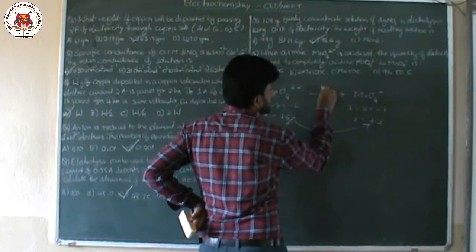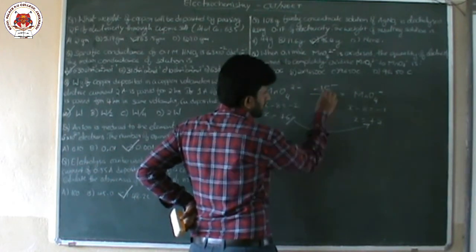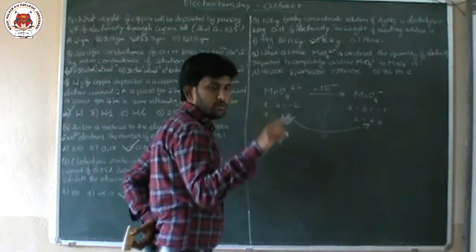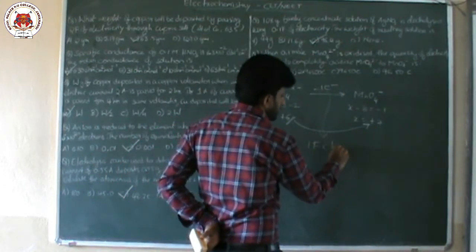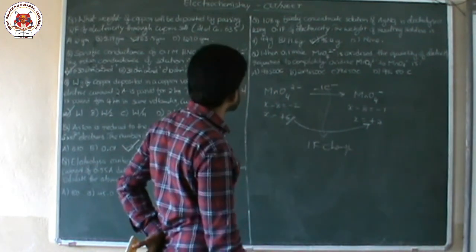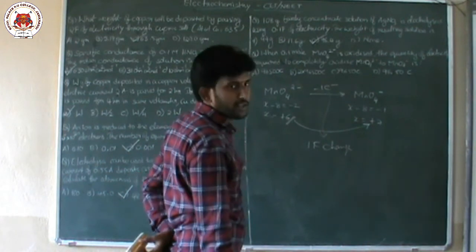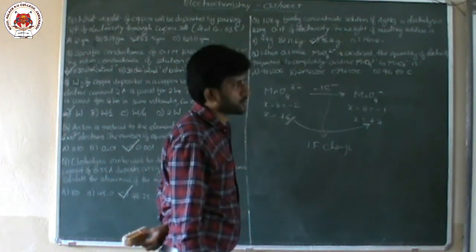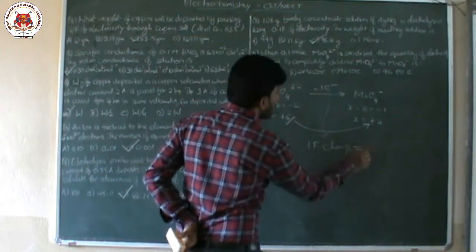1 electron change means 1 Faraday. 1 mole of electrons means 1 Faraday charge is involved in completely oxidizing MnO4 2 minus to MnO4 minus. 1 Faraday charge is equal to how many coulombs?